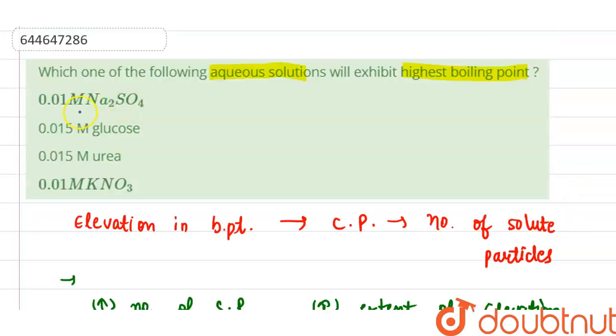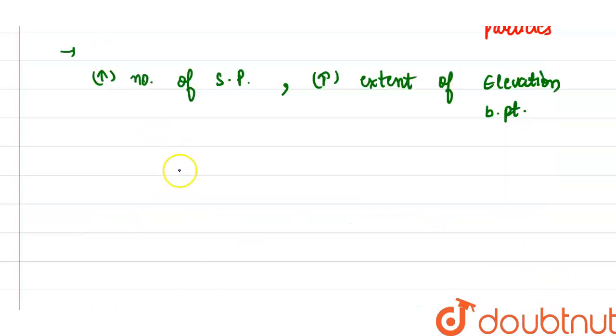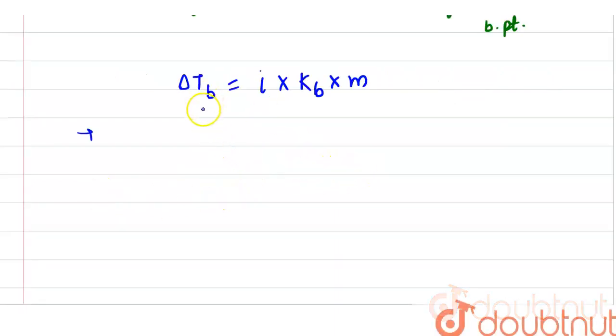First is 0.01 molar Na2SO4. As we know, delta Tb equals i into Kb into m. Here delta Tb is the elevation in boiling point, i is the van't Hoff factor, Kb is the molal boiling point elevation constant, and m is molality.